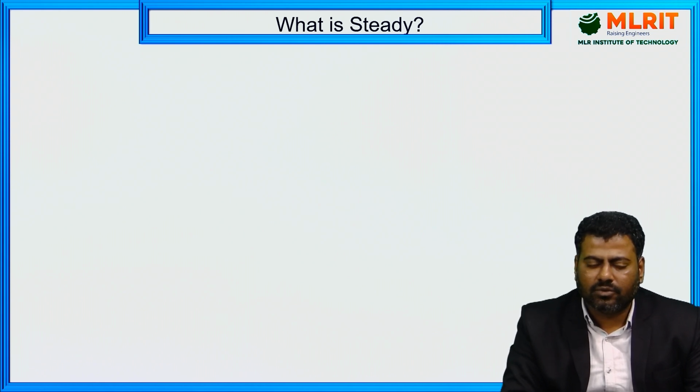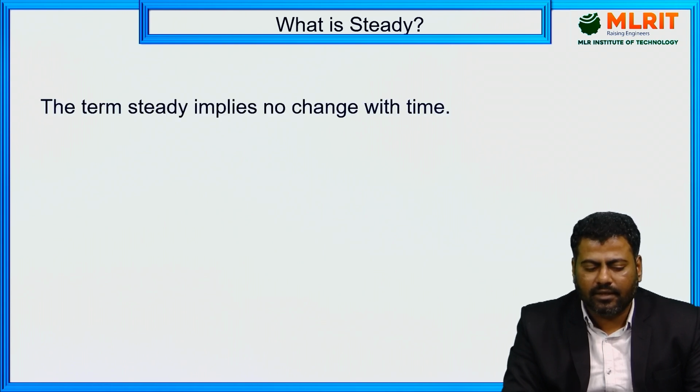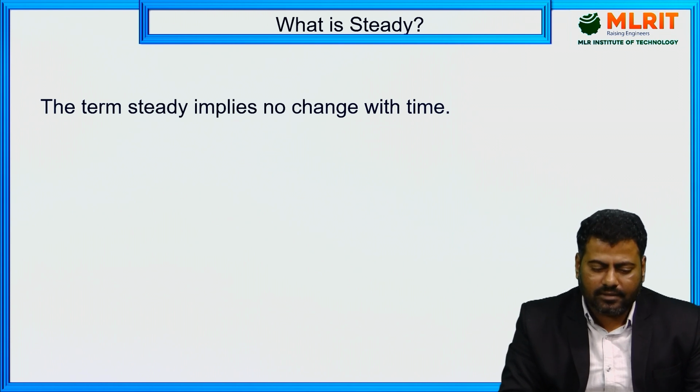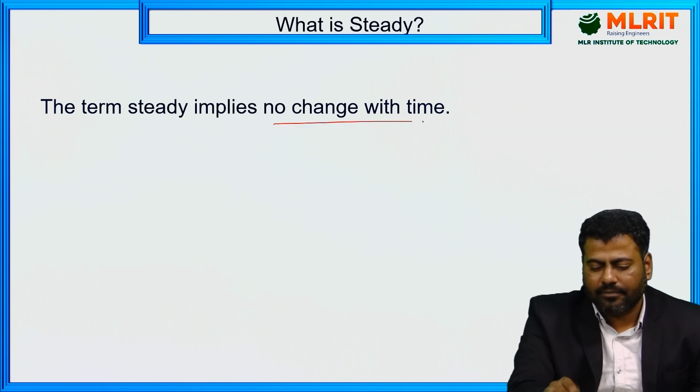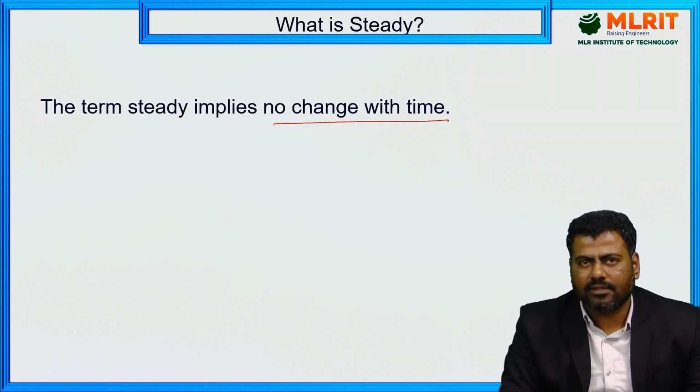So what is that steady rate? How are we saying that it is with respect to steady rates? What does that actually denote? See, the term steady implies always no change with time. That is what steady rate means.